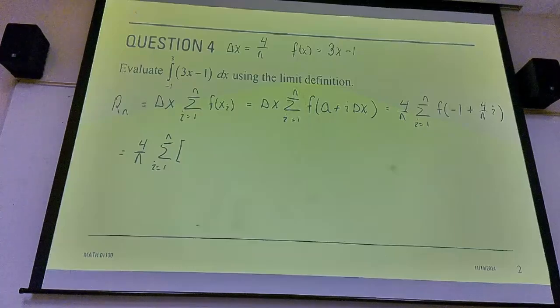But f of x is 3x minus 1. So evaluate f of x at the -1 plus 4 over n i.